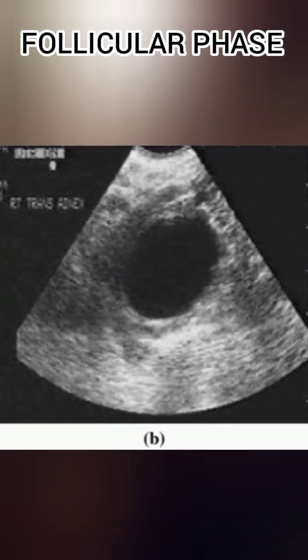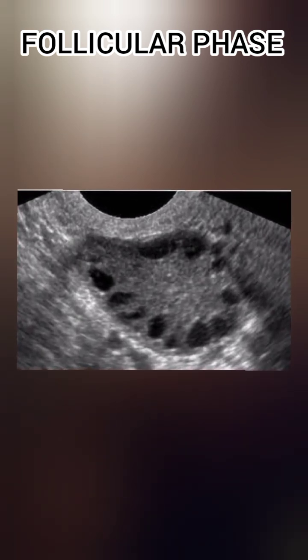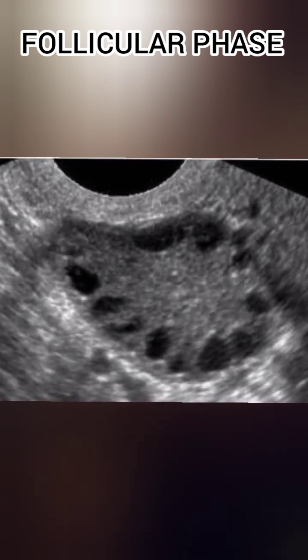On ultrasound, in the early follicular phase, what you visualize will be multiple small anechoic functional cysts. 5 to 11 of them will begin to develop.